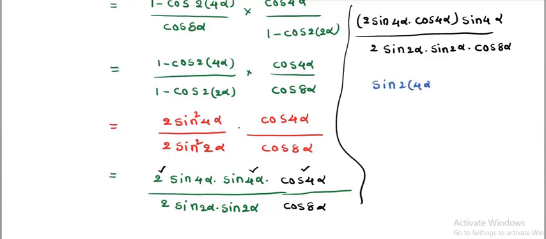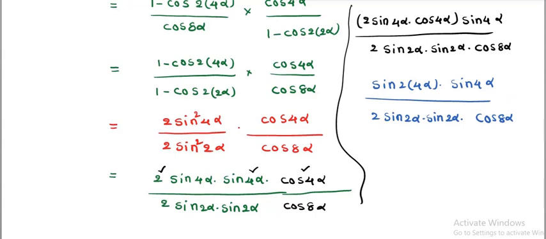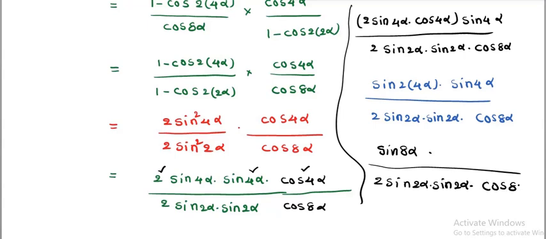So 2 into 4 alpha gives sin 8 alpha, by 2 sin 2 alpha sin 2 alpha into cos 8 alpha. Okay, next observe sin 8 alpha by 2 sin 2 alpha sin 2 alpha into cos 8 alpha.